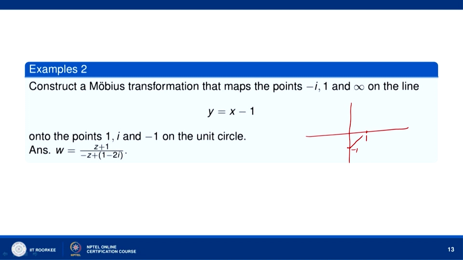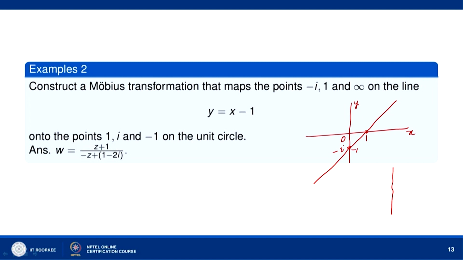So, this is the line y equal to x minus 1 in the z plane, and we have to construct the Mobius transformation that maps the point minus i, this point 1 and the point infinity on the line, onto the points 1, i and minus 1.